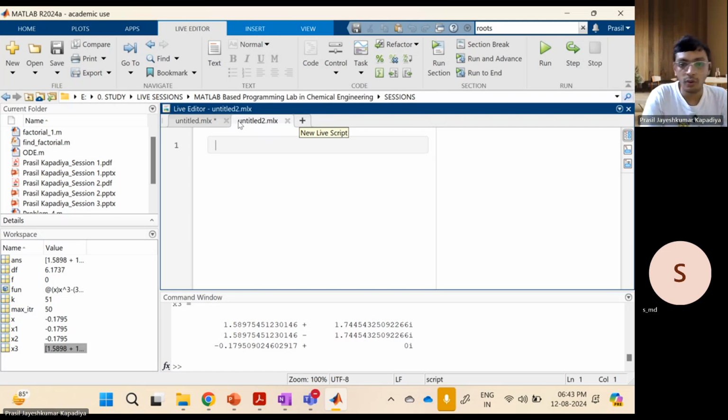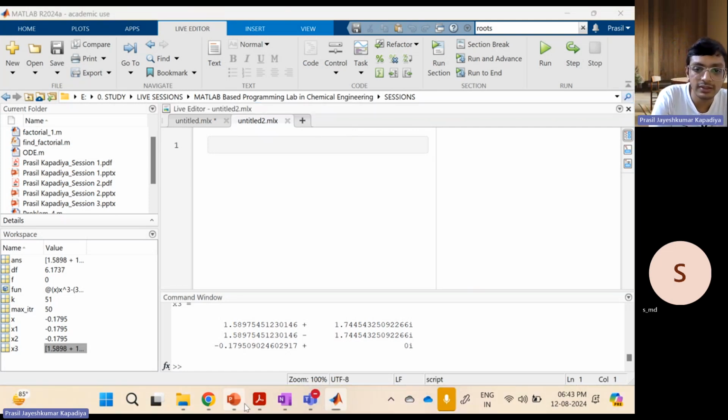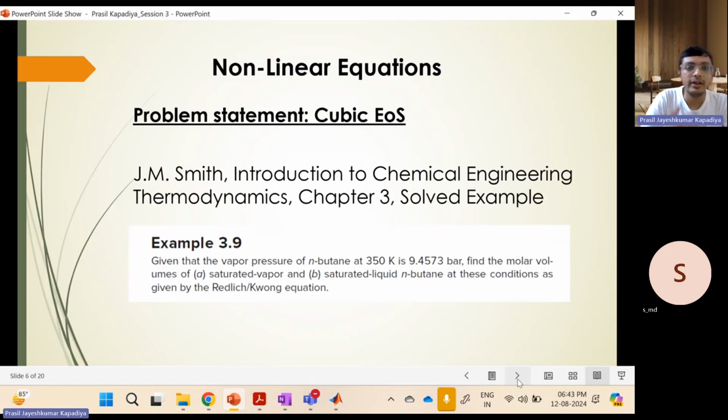Okay, so the problem statement is this, from your J.M. Smith Introduction to Chemical Engineering Thermodynamics book, chapter 3. And we are told to find the vapor pressure of n-butane at 350 Kelvin temperature and 9.4573 bar pressure. So how can we solve this?